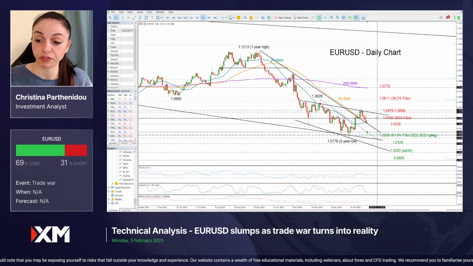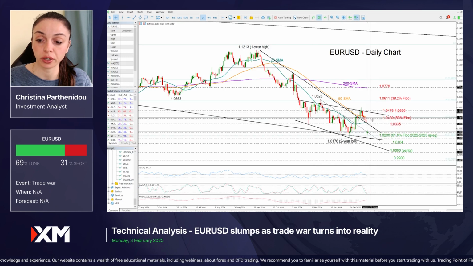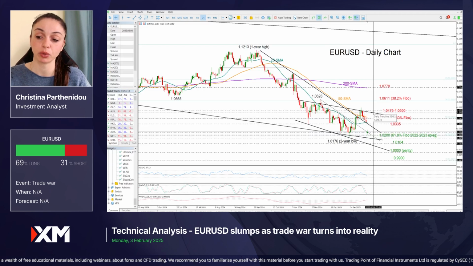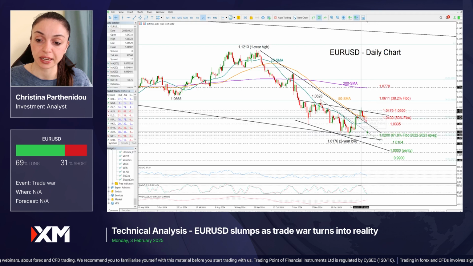Above that, the 50% Fibonacci mark is at 1.04 and closer to the 50-day moving average. So this could add some pressure before a tougher battle takes place, somewhere between 1.0475 and 1.04, which the price failed to overcome last week.